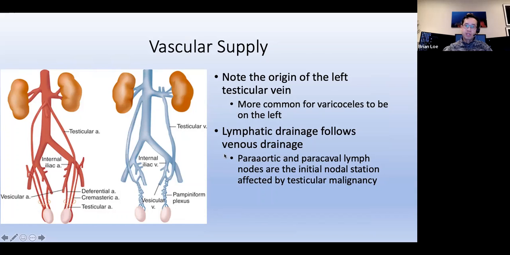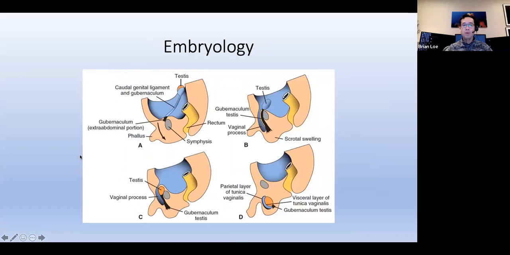Lymphatic drainage follows the venous drainage, so we drain up into the internal iliac veins, and of course, it makes sense that the paracaval and the para-aortic lymph nodes here are the usual first sites of lymphatic metastatic disease in the setting of testicular malignancy. So when we do CTs in that case, that's where we're closely looking, because that's often the site where we see lymph node metastases.